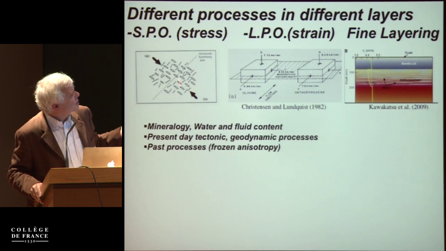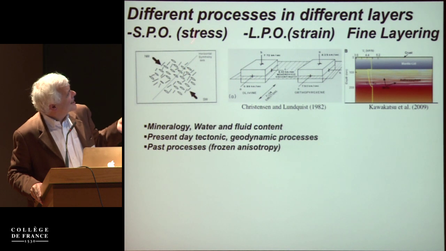That's a figure from Babuska and Cara. When we have a stress field with a compressive stress, you tend to open the cracks or fluid inclusions in the direction of the compressive stress and close them in the orthogonal orientation. So this kind of mechanism is sensitive to the stress.